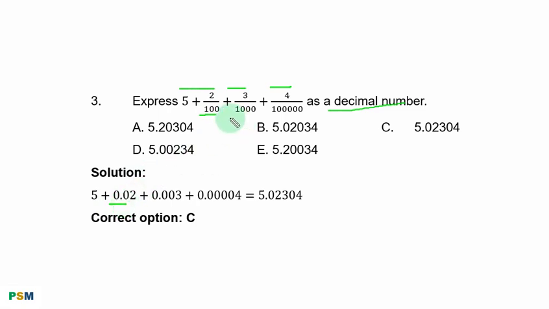If you divide the next fraction, you have this result. If you divide the last fraction, you have these results. When you add together, you have 5.02304. The correct option is C.